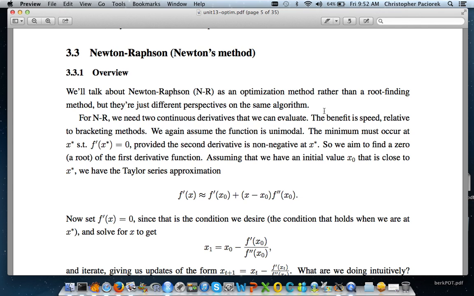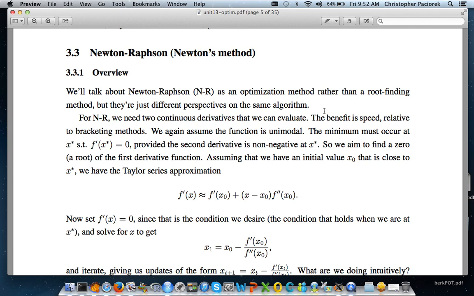Now I'm going to continue the process of doing a Taylor approximation and finding the tangent line here. I'm going to follow that down to 0, and I'm going to keep doing that. I'm going to walk my way towards the 0 here, which amounts to basically walking my way down in the optimization problem as well. So if I actually write out the Taylor approximation for this problem, then I get that f prime of x is approximately equal to this.